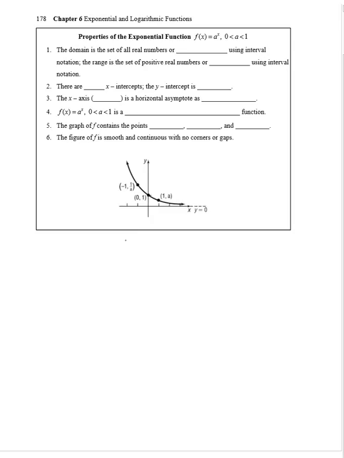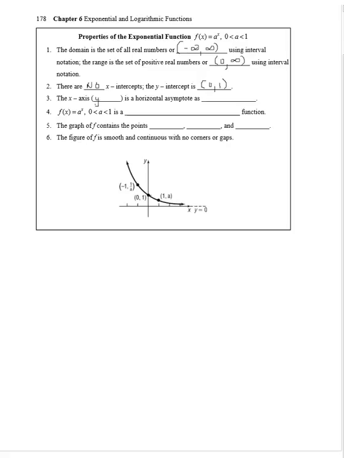Okay, moving to the next page. This just sums up the properties for if a is between 0 and 1. So what do we have? Well, the domain is negative infinity to infinity. The range is 0 to infinity. There are still no x-intercepts, and the y-intercept is 0, 1.